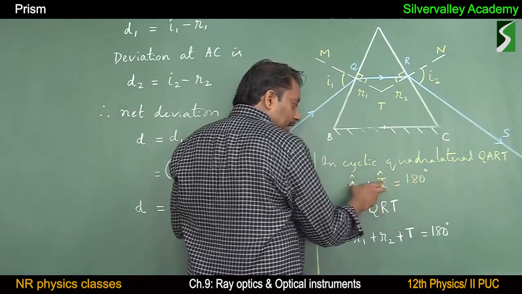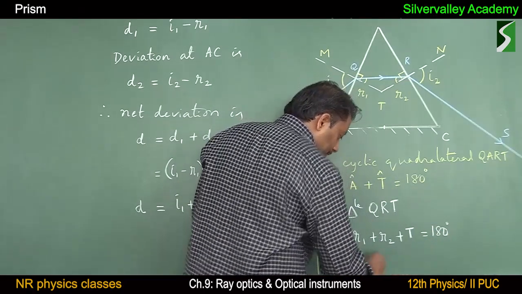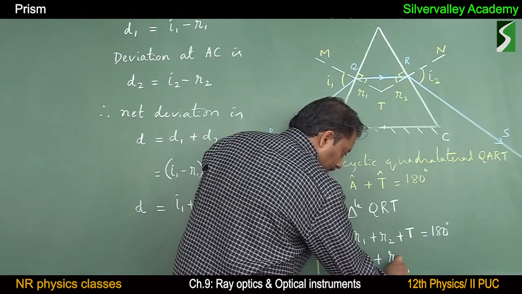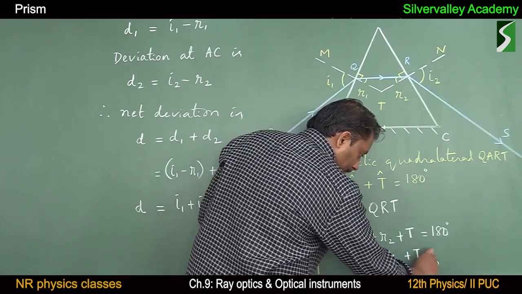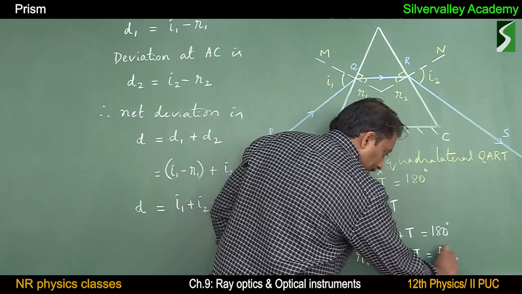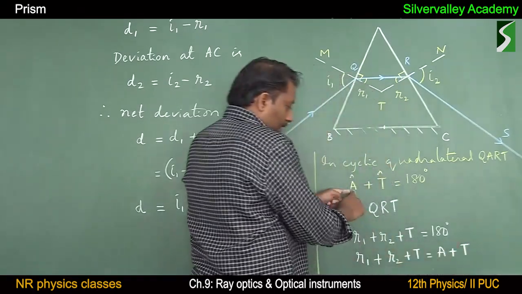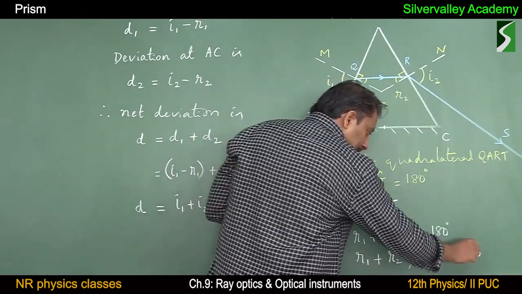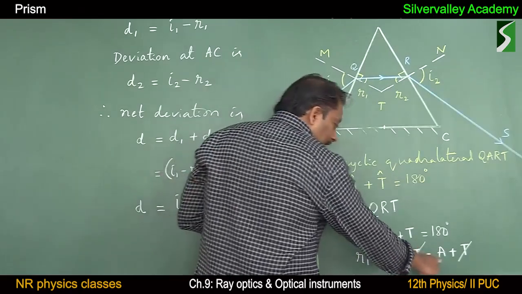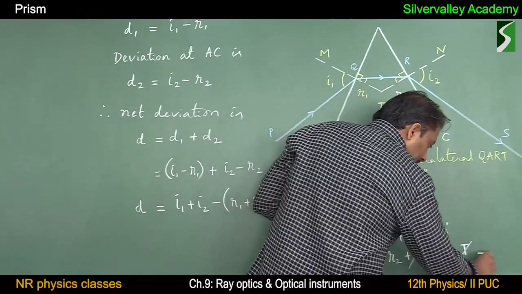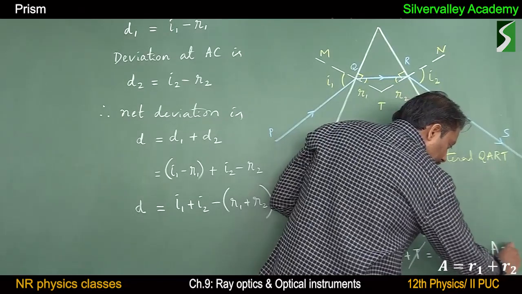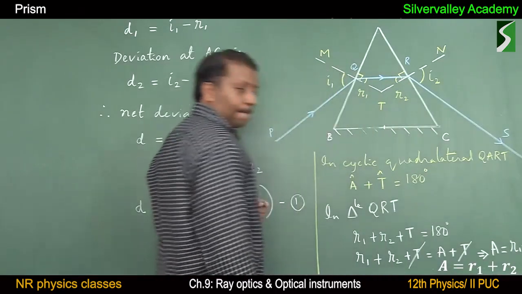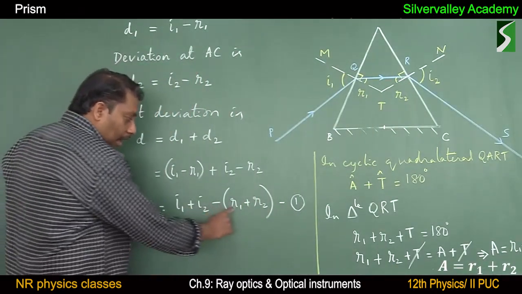So, in place of 180, I can write A plus T. A plus T is 180, A plus T. So, T gets cancelled. A equal to R1 plus R2, which implies angle A equal to R1 plus R2.